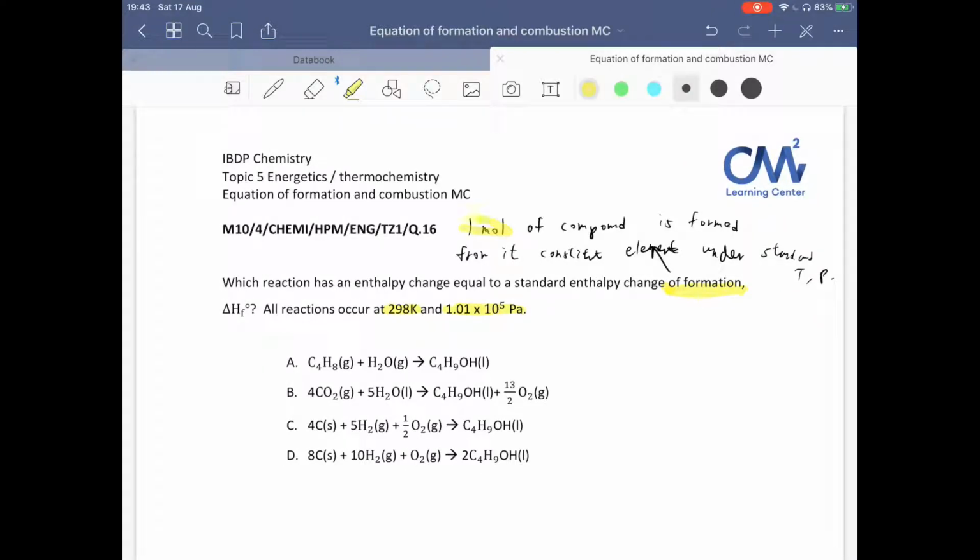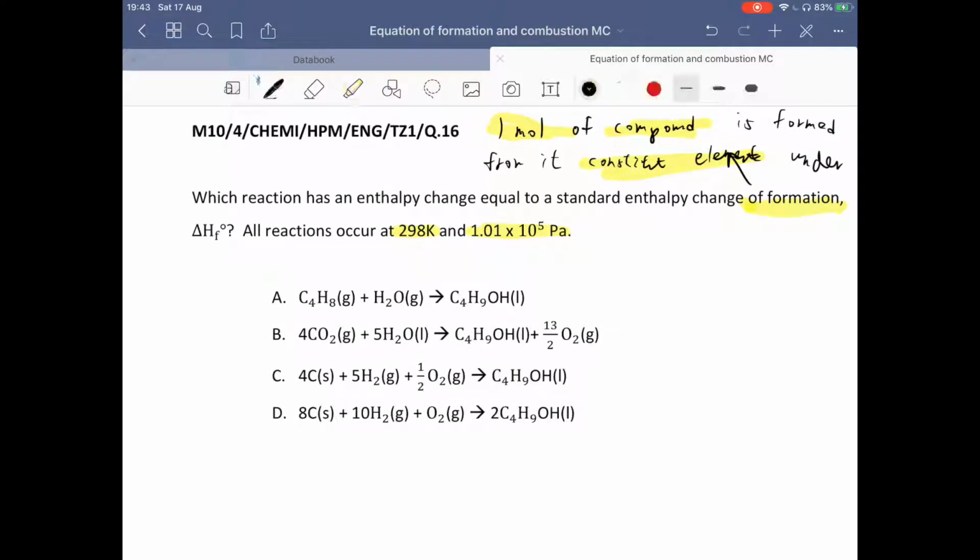So the key thing is when 1 mole of compound is formed from its constituent elements under standard temperature and pressure. So the first part, 1 mole of compound.